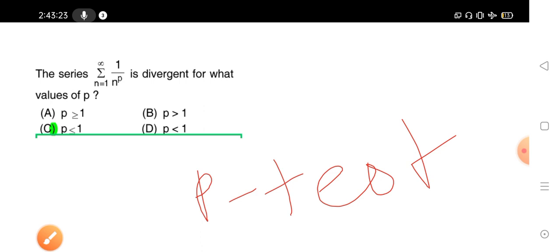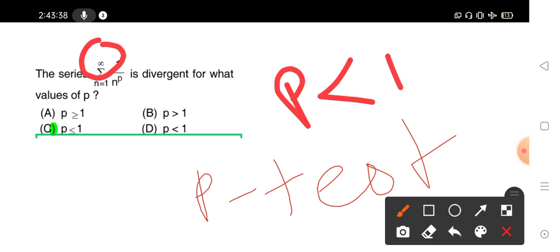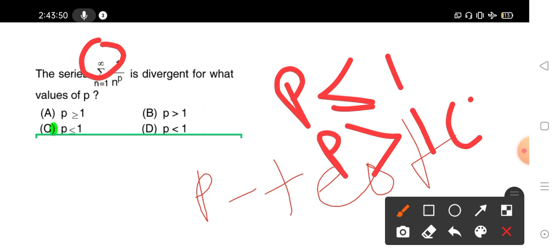The series sum n from 1 to infinity of 1 upon n raised to p is divergent for what value of p? Here p less than 1 is divergent. If p is greater than 1, then convergent.